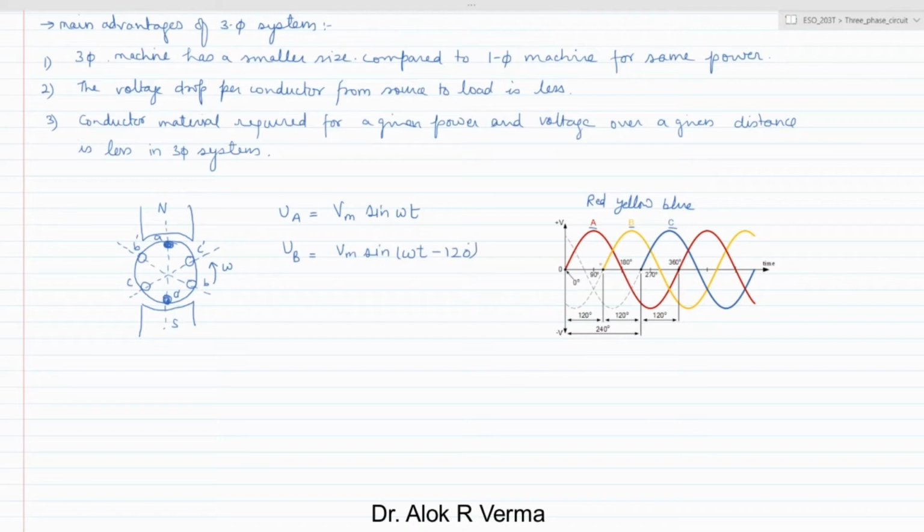So you can see that this is nothing but a 120 degree phase shift between phase A and phase B. Now what is VC? VM is basically the peak magnitude of this. So VC will be VM sin omega t minus 240 degree.